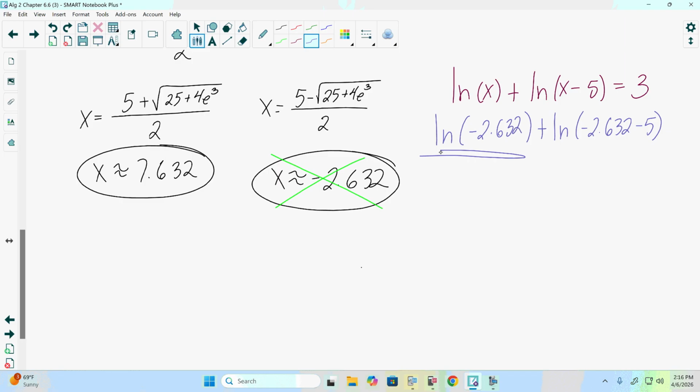It does not work. We have to throw it out. Even if we simplified the other natural log, it would be negative 7.632. Two negative numbers does not work.